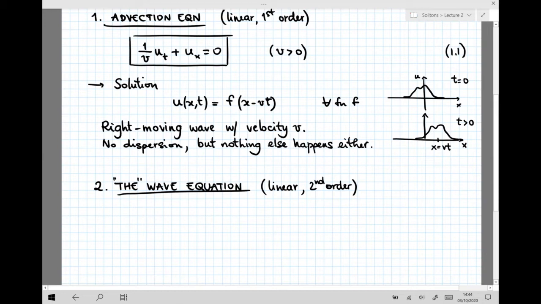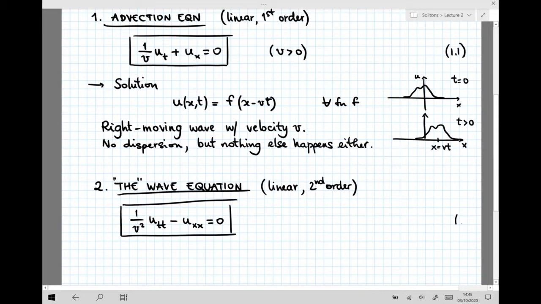And it takes the following form: 1 over v squared u_tt, second derivative of u with respect to t, minus u_xx equals to 0. That's equation 1.2. And now we'll take v to be positive without loss of generality, since v only appears in the equation through v squared.